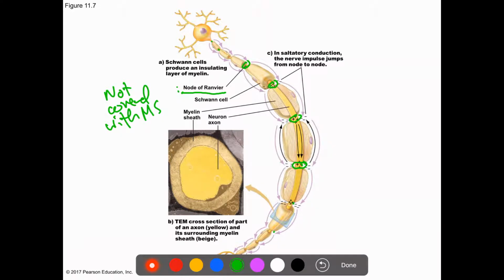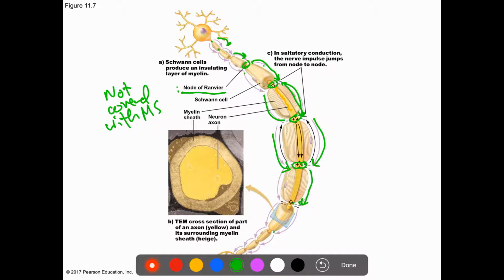Okay? So the electrical signal technically jumps between these nodes, as you can see in these light purple arrows. So the signal is jumping from one node to another node, instead of going through the entire axon. In this way, through this jump, the signal travels in a faster way.